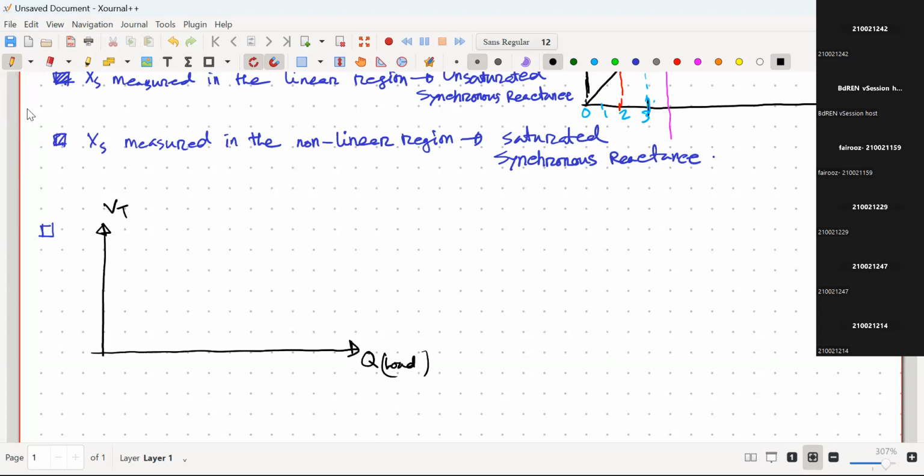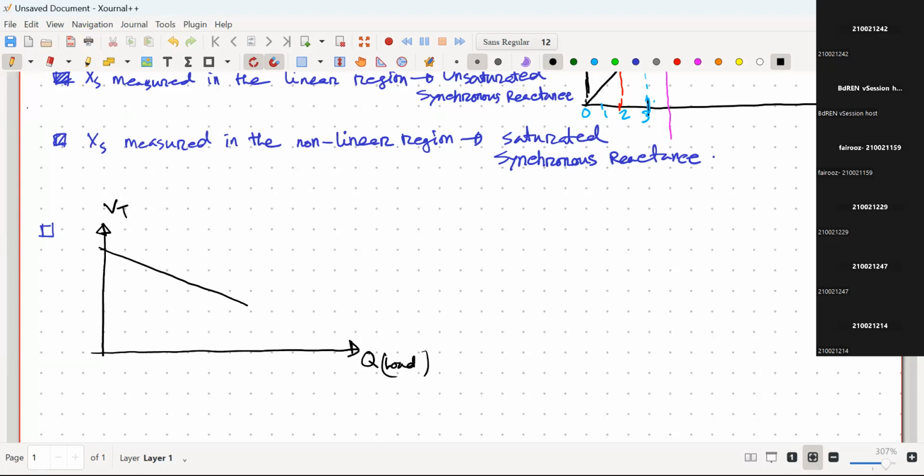So if there is no load, suppose I am getting this amount of terminal voltage, but if I increase the Q load, the terminal voltage will decrease, something like this. So there will be a slanted line having a constant slope.